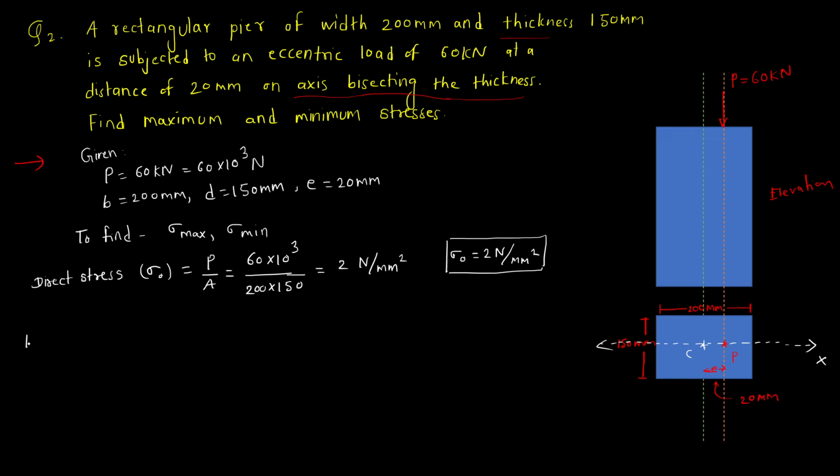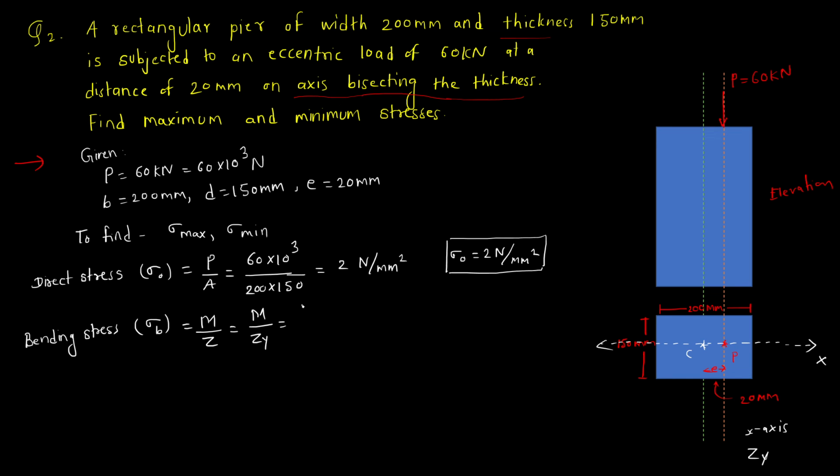Now second is bending stress. Bending stress is denoted by sigma B. Formula is M divided by Z. Now in this case the load is present on the x-axis. If the load is present on the x-axis, then we should take Zy. So this should be M divided by Zy.